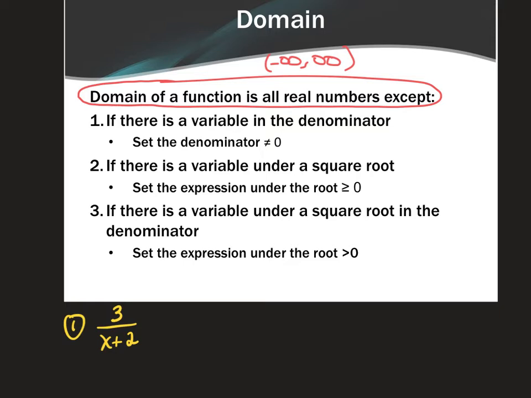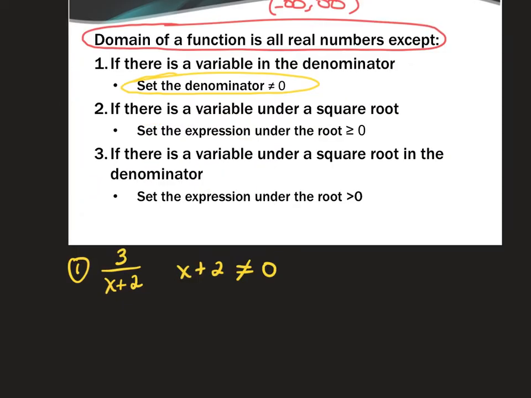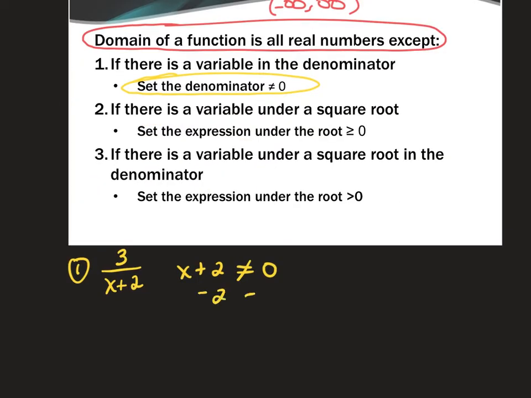What does number 1 tell you to do to find the domain? Set the denominator not equal to 0. So I'm going to subtract 2 from both sides, and you can say x can be anything in the world except for negative 2.